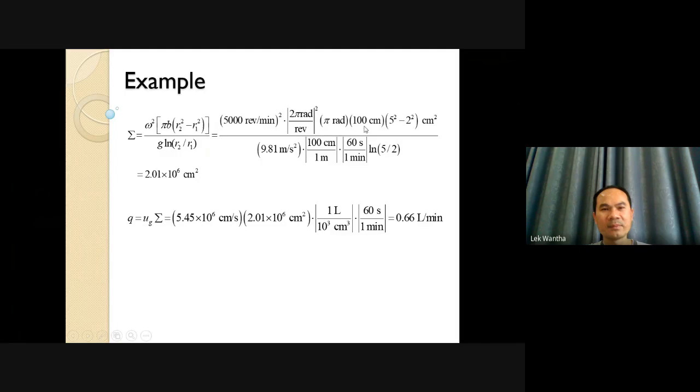Okay, multiplied by pi, and you know V. You know R1 and R2. And then you convert unit. You get sigma equal to this. And then you can calculate Q equal to UG sigma. You get flow rate.